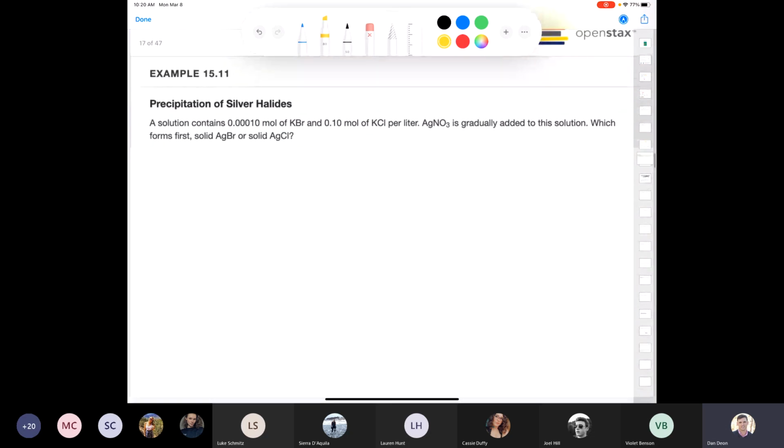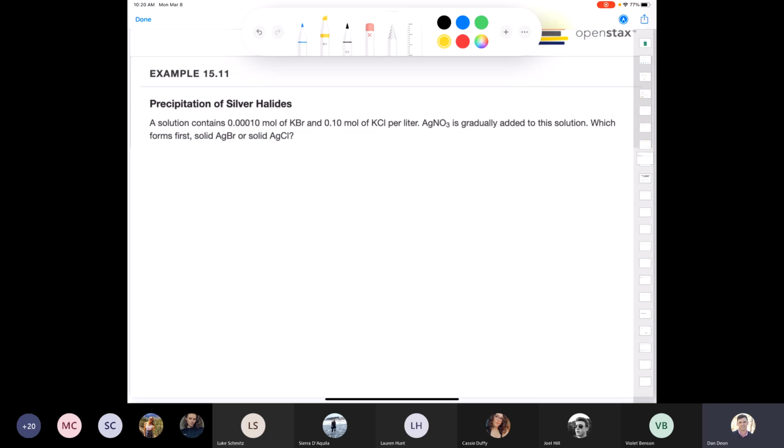I'm going to look at example 15.11, which deals with precipitation of silver halides. This is a good question. I would even put this in the vein of an ACS type question. I don't know if any of you have looked at the ACS study guide, but I would consider this an ACS type question.